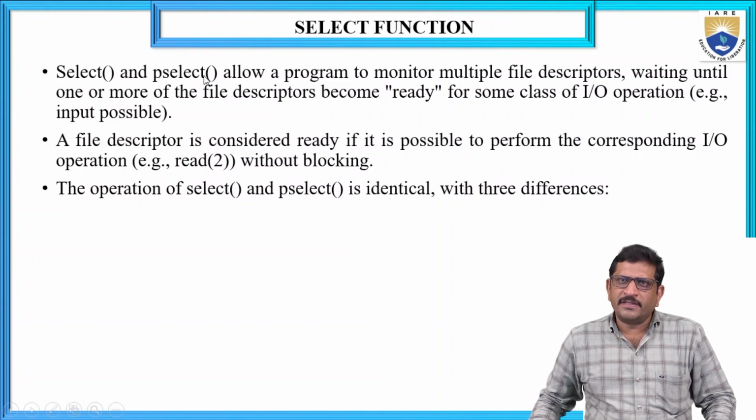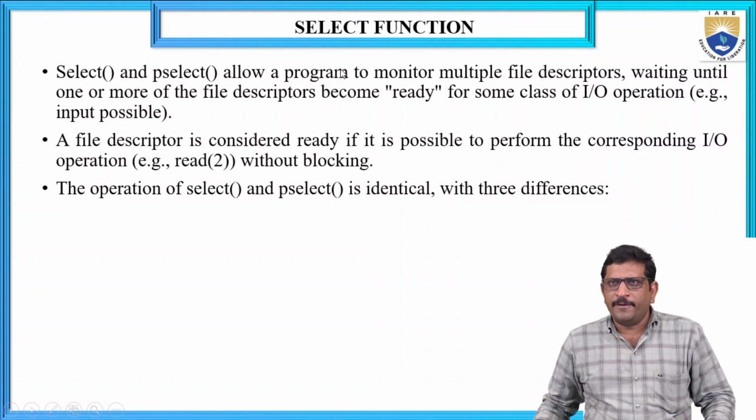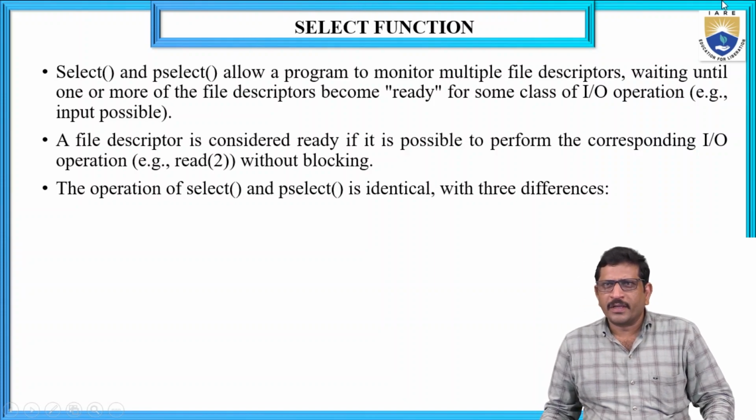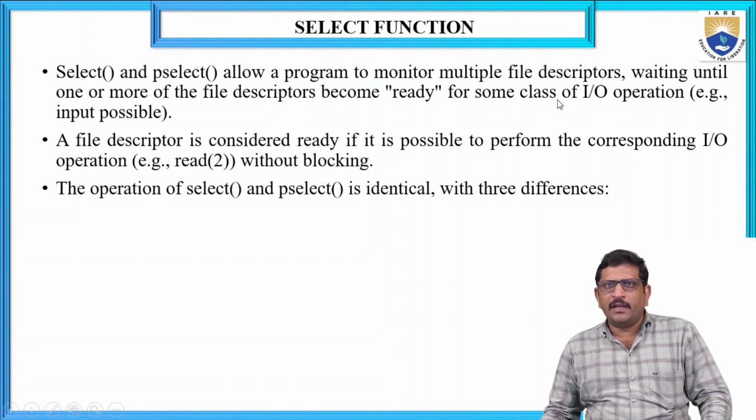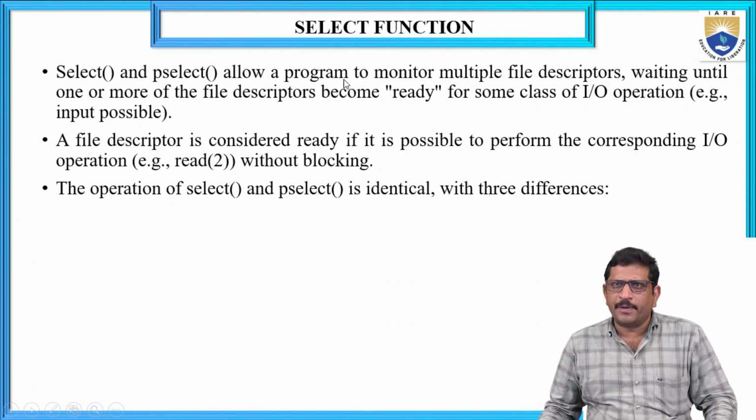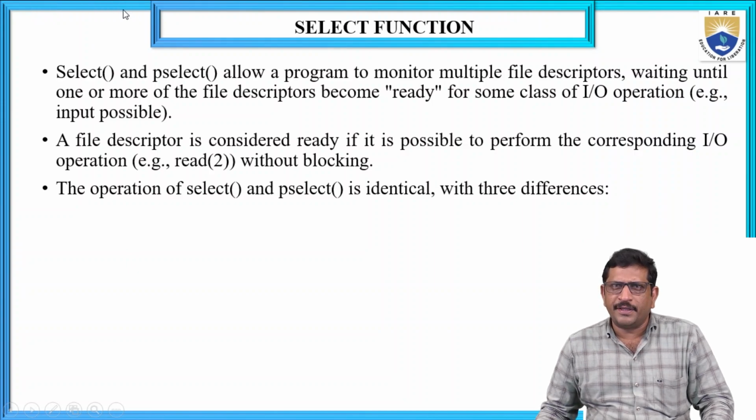Here pselect has a specification. Whatever data we are selecting for the communication has a specific value. The specification allows the program to monitor multiple file descriptors, waiting until one or more of the file descriptors become ready for some class of input or output operations. For example, input is possible.